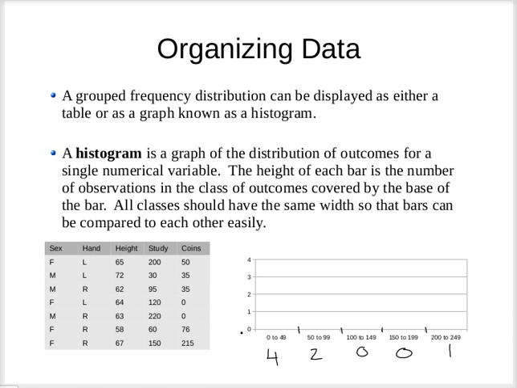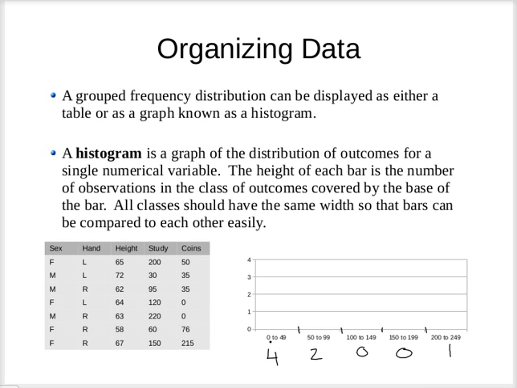And then for my vertical axis here, I've just got the range of frequencies. My lowest frequency was 0 and my highest frequency is 4, so I want this axis to cover that entire range.